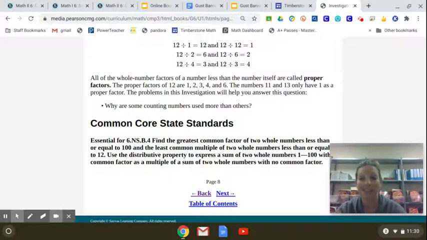So this book does not give you a step-by-step guide on how to solve problems. If moms, dads, grandparents, aunts, or uncles are asking you to see your book because they want to see how to do the problem, this book is not going to help them do that. You are going to have to help them do that.